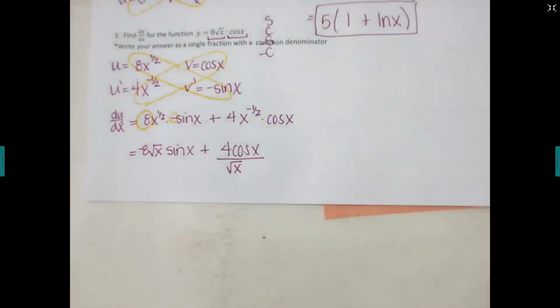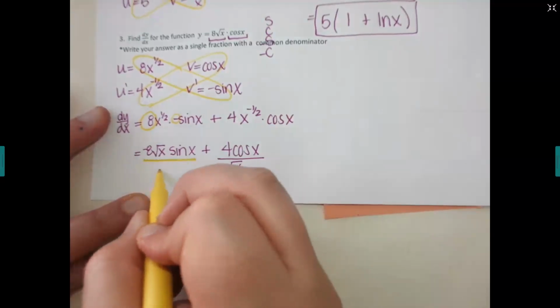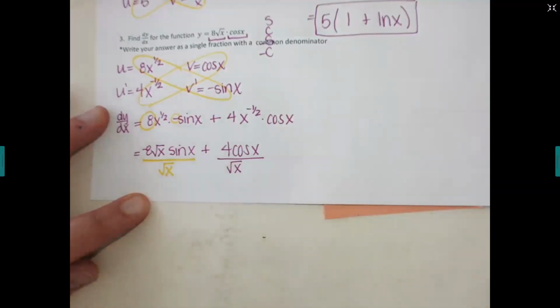Okay, now let's read our answer, make sure that we have it fully following directions. We want to write our answer as a single fraction with a common denominator. So if I have this plus a fraction, that's not going to cut it. If this one has the square root x on the bottom, I need to mirror that on the other side. So if I'm going to put a root x on bottom, where would I also have to multiply that?